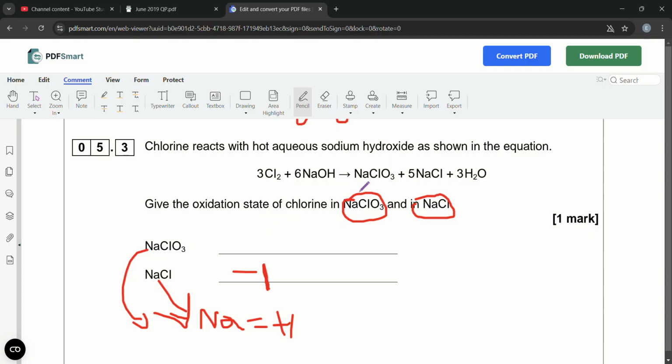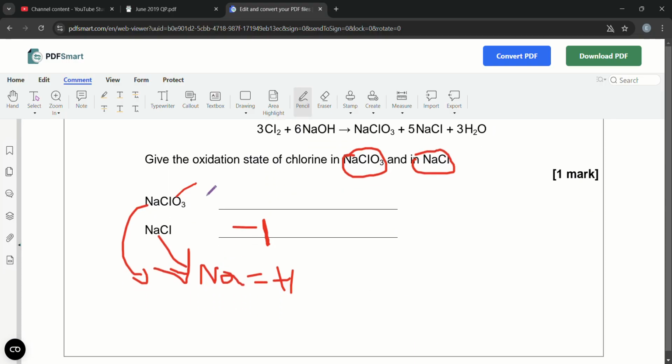Well, chlorine is going to have an oxidation state of plus 1. It's going to be minus 6 plus 1, minus 5. Therefore, no, I completely misread the question.